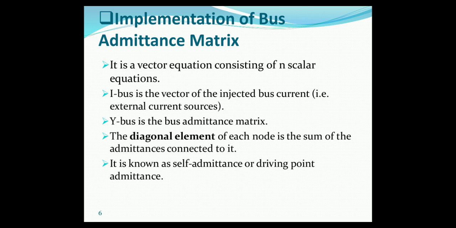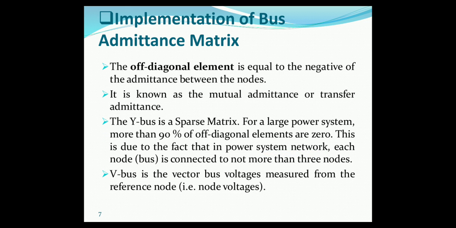Coming to Y22, the elements connected to bus 2. Coming to Y33, the elements connected to bus 3. If you take the sum of the elements connected to a particular bus, then you can get the value of that particular Y11, Y22, Y33 or Ynn. These diagonal elements are also called self admittances or driving point admittances.